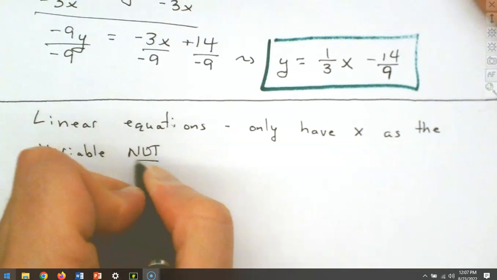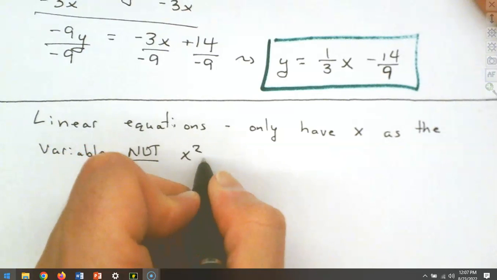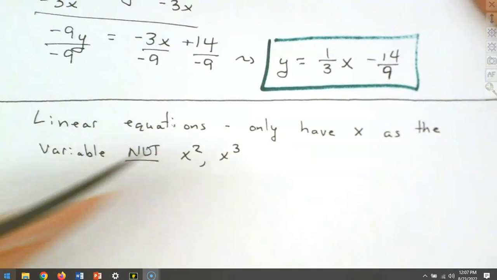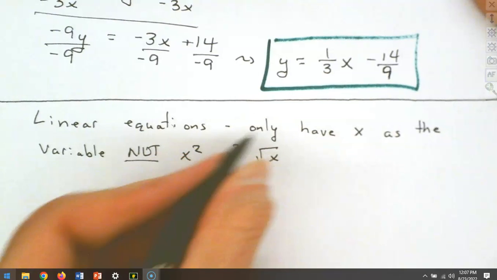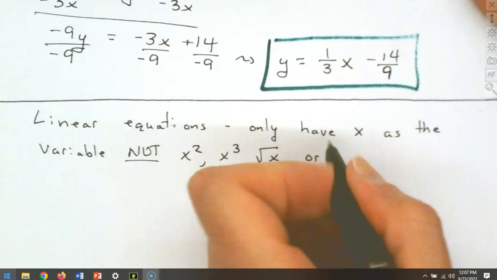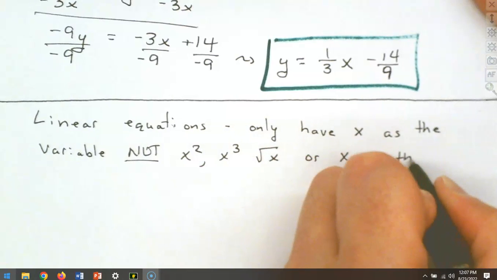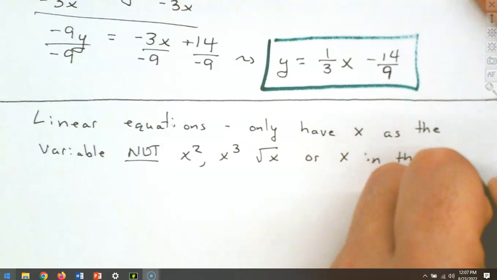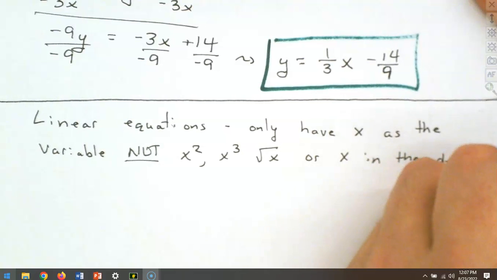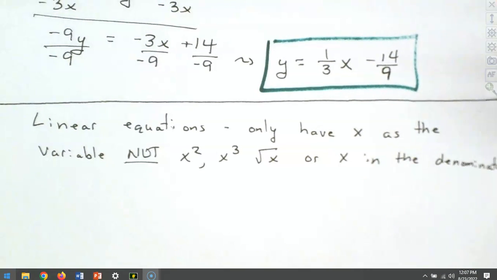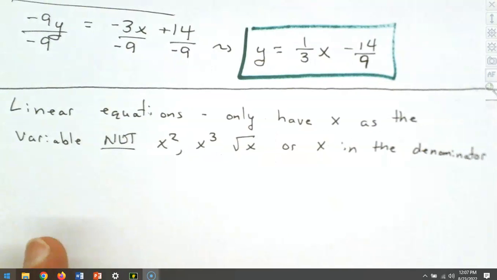Not any power. So not x squared, x cubed, the square root of x, or x in the denominator of a fraction. So if it has any of those, it's going to be nonlinear.